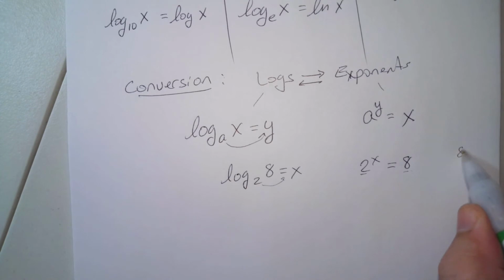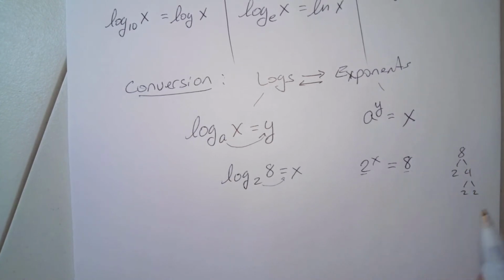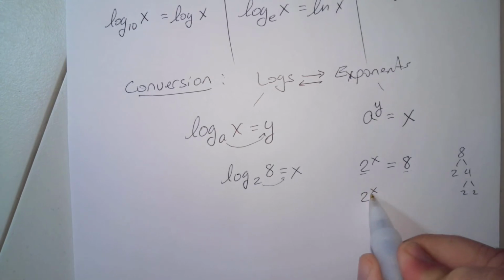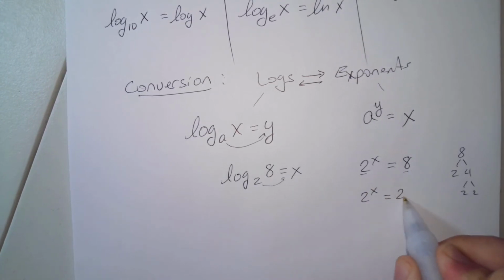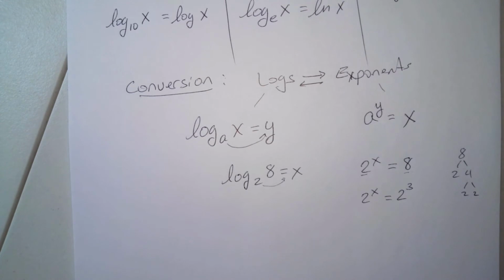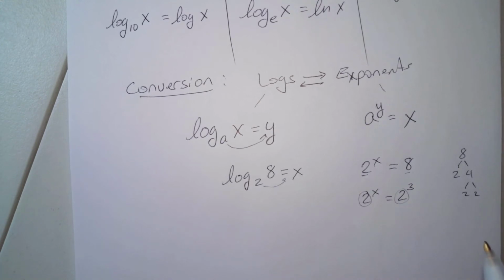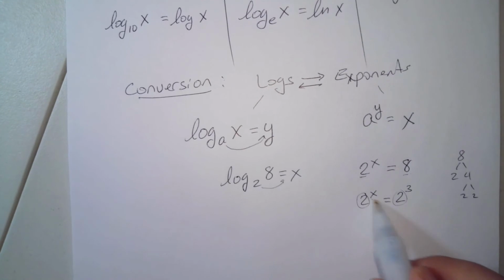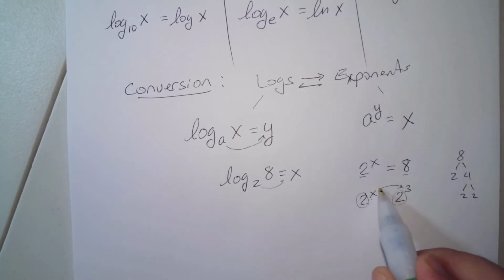What is 8 made up of? 2 times 4. So 8 is actually 2 to the third power. Since the bases are equal, the only way they can be equal is if we have the same exponents. That's where we got our 3 from.